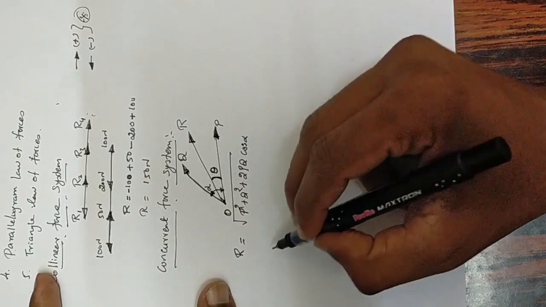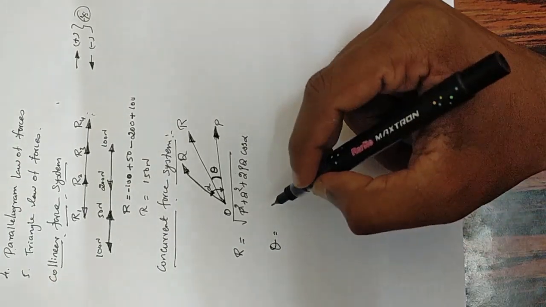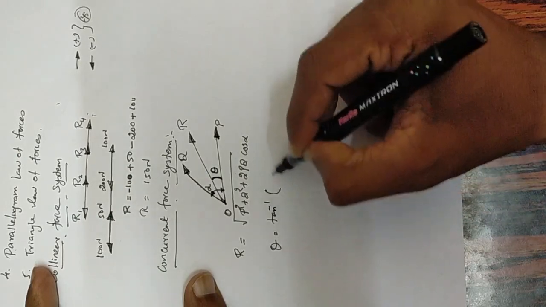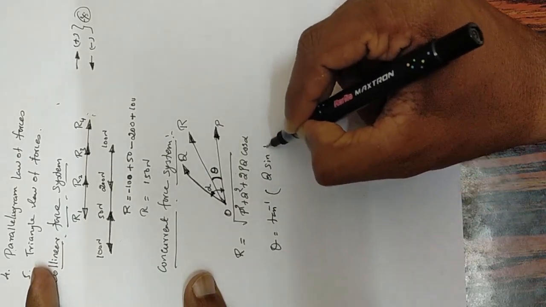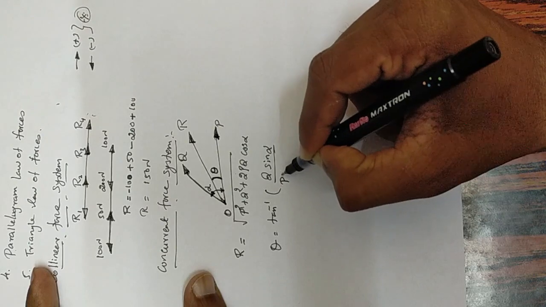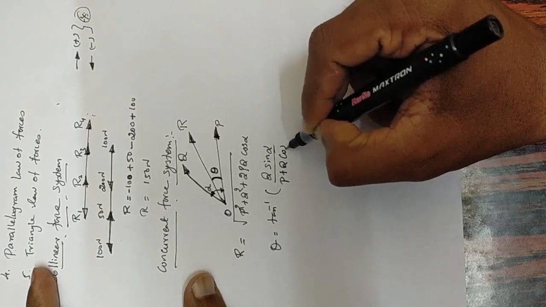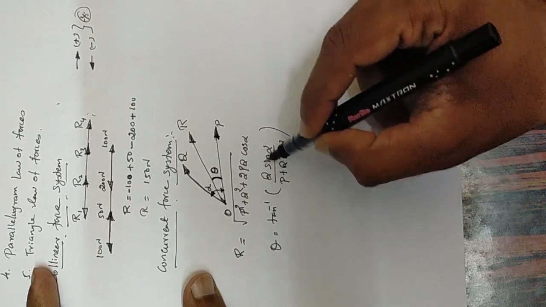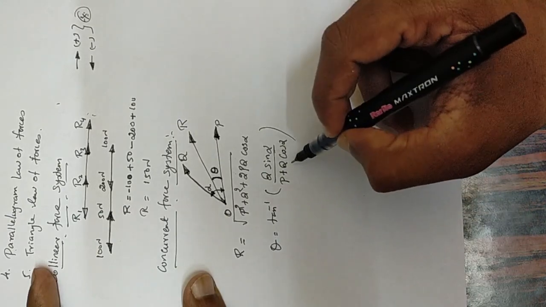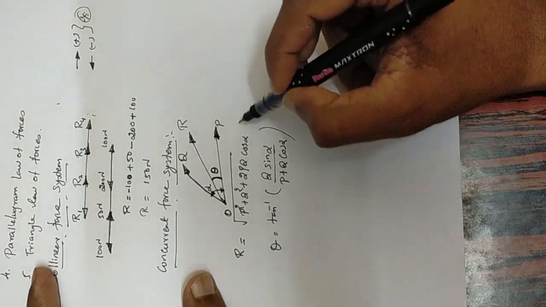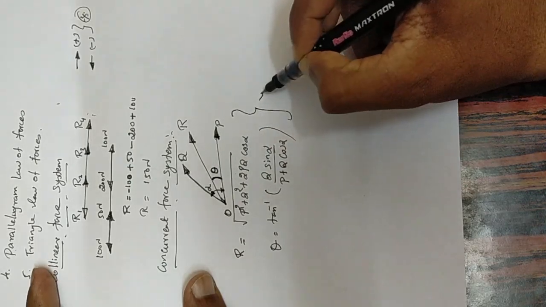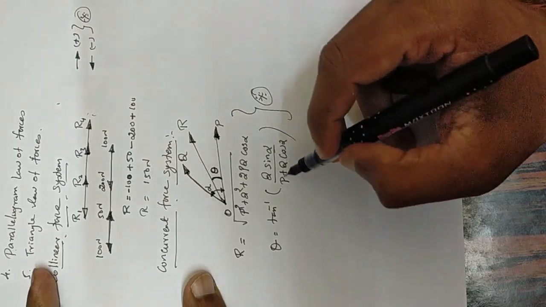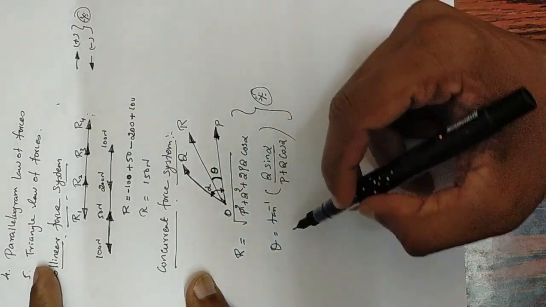Then theta, the direction of that resultant, is theta equals tan inverse of Q sin alpha divided by P plus Q cos alpha. These two formulas are very important. When we use them, we can find the resultant force as well as the direction of the force of these two forces.